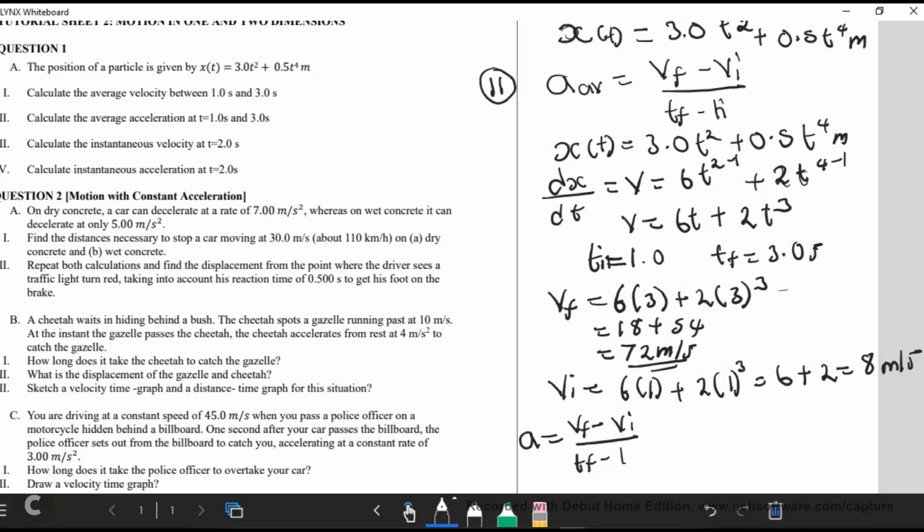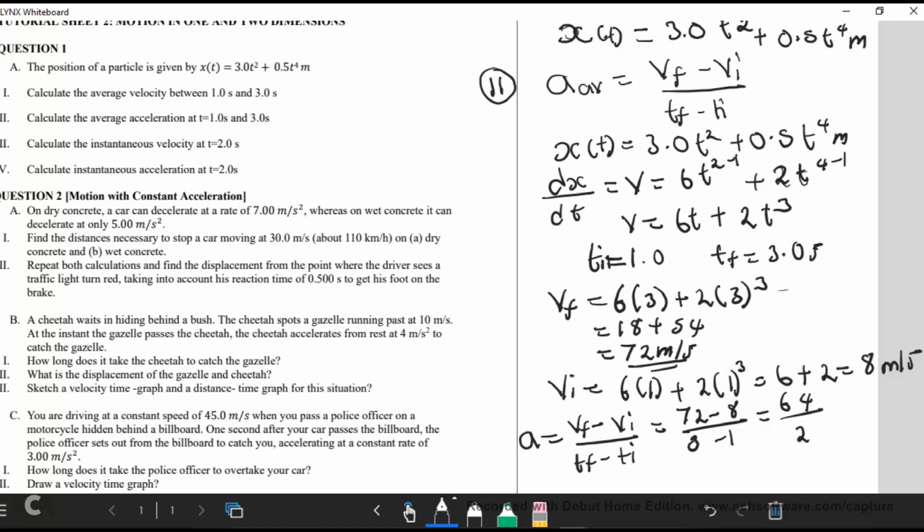Now the average acceleration will be v final minus v initial over t final minus t initial. Then it is 72 minus 8 over, what's your time final? Your time final is 3 minus 1. So here it will be 64 over 2.